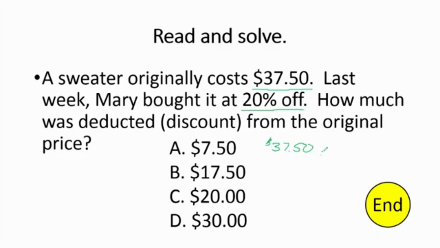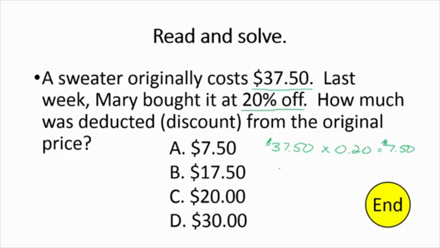So when I do it, I put in the decimal version, which would be 0.2, and I solve. So on my calculator, 37.5 times 0.2 is going to give me $7.50.